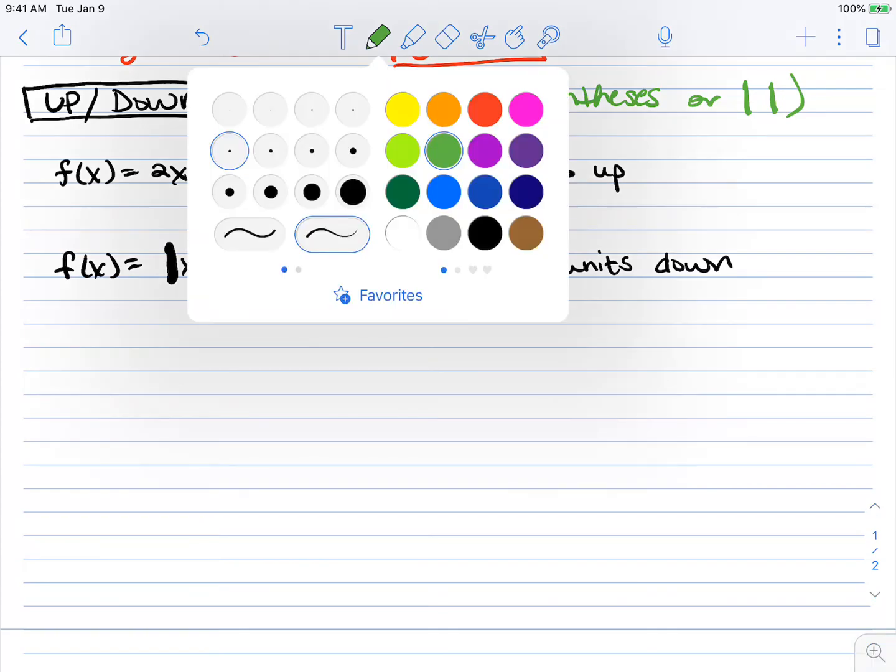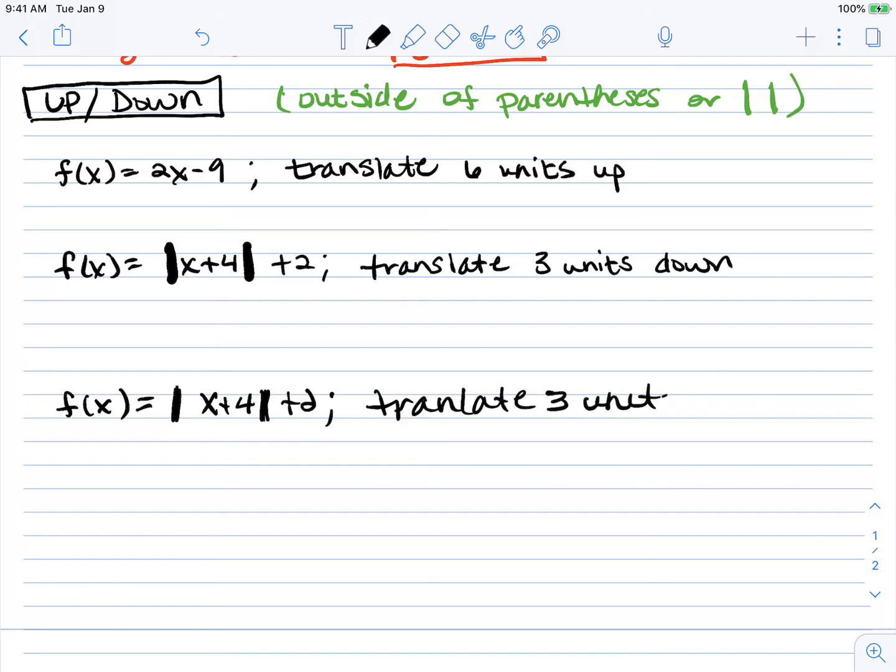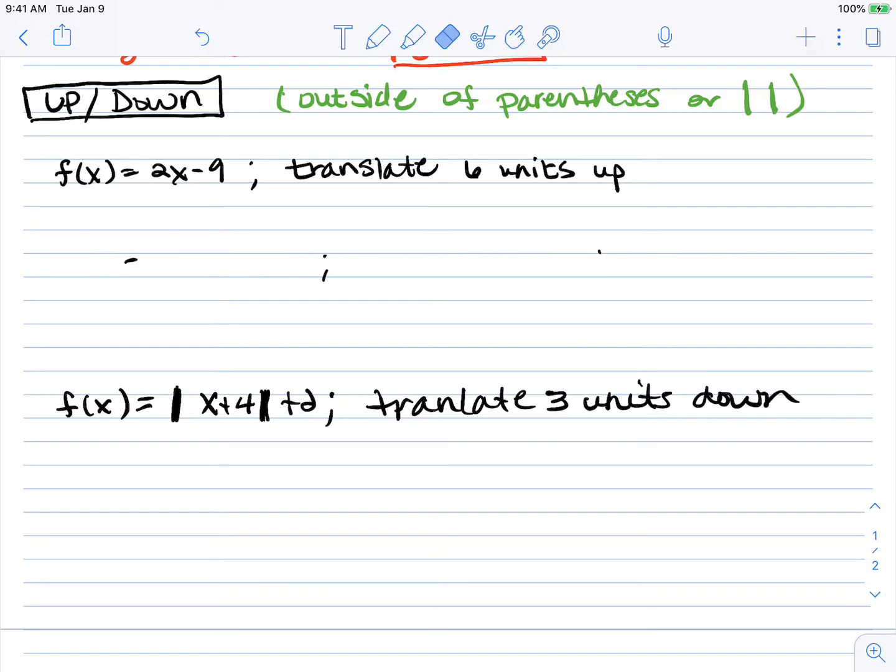I think I'm going to rewrite this guy down just a little bit. I'm going to write him down here. f of x equals the absolute value of x plus 4, just so I can give myself just a little bit more room, and that way I can work with just this guy right here and have some space to do it.